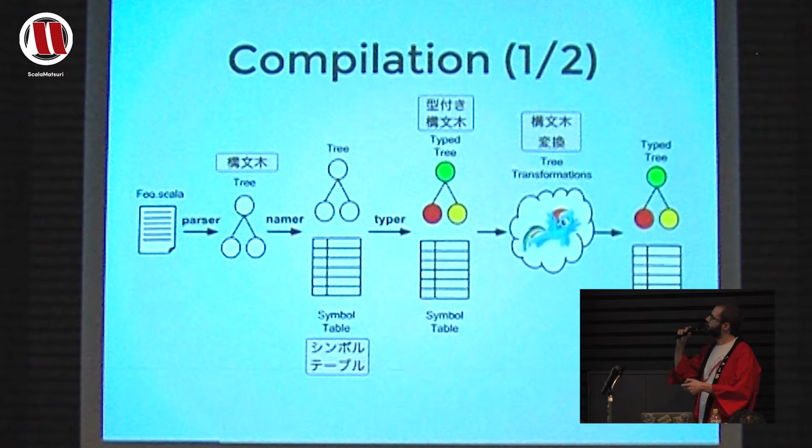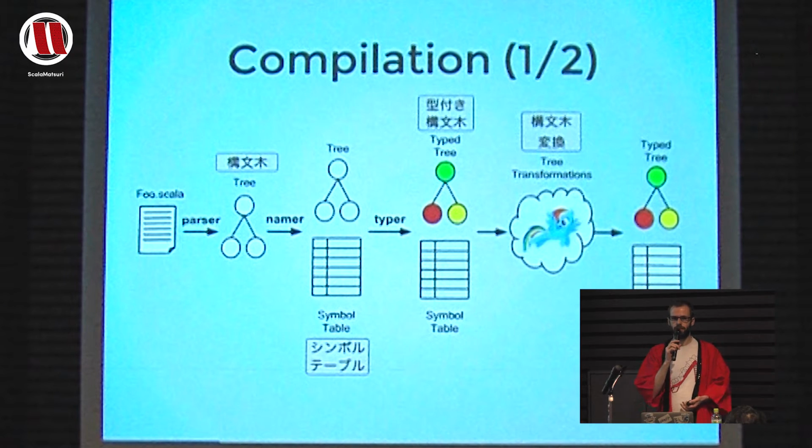After that, you have about 20 more phases, which I've combined all into one little cloud unicorn thing. But you're basically doing a lot of tree transformations. And those transformations are usually one of 2 things.